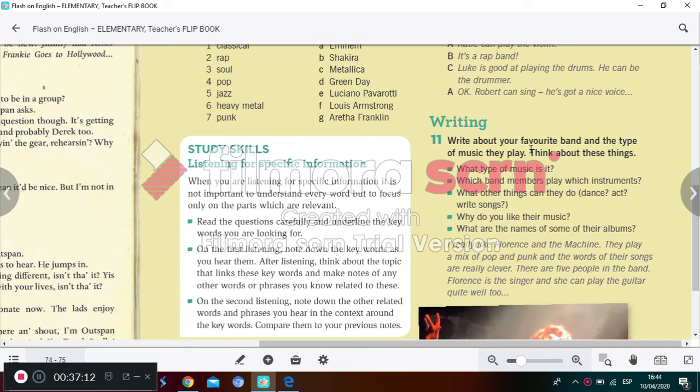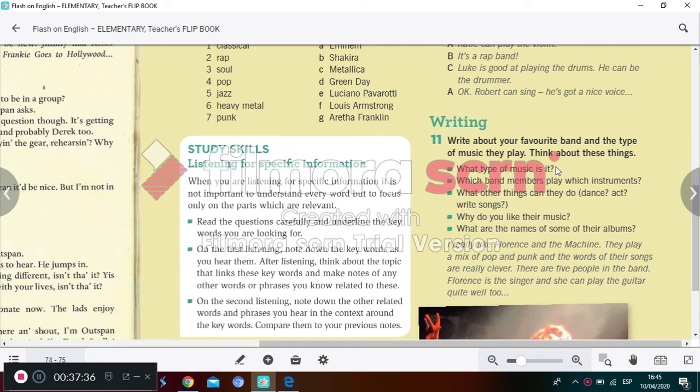Now, teacher, how do I write about my favorite band? ¿Cómo escribo sobre mi favorite band? Easy. Here you have some questions to guide your writing, para guiar tu writing. For example, what type of music does your band play?